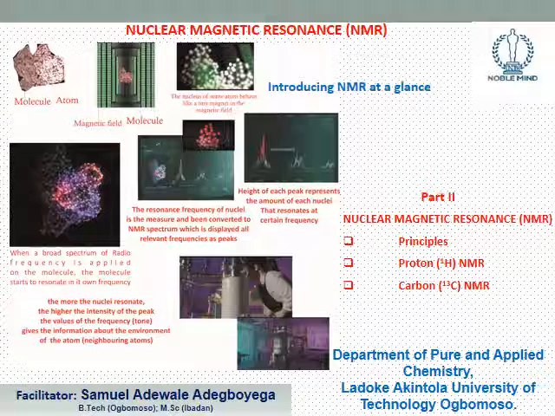And we want to inform you that the height of each peak represents the amount of each nuclei that resonates at certain frequencies. The more the nuclei resonate, the higher the intensity of the peak. And the value of the frequency also gives information about the environment of neighboring atoms.